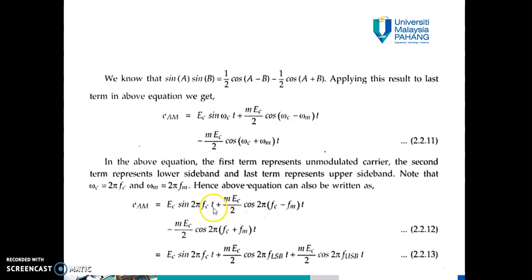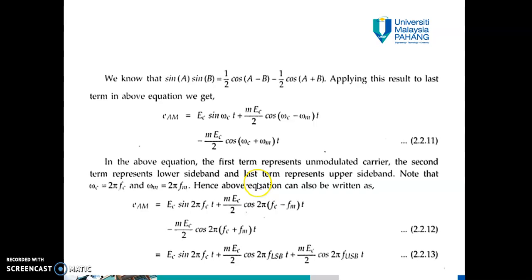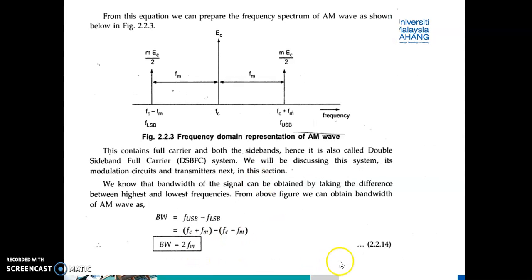Play around, don't worry, we'll show you. But this thing we actually want to show you in the representation in the frequency domain. This one is FC, this one is the lower sideband, this one is the upper sideband. This representation can also be represented in a mathematical equation.